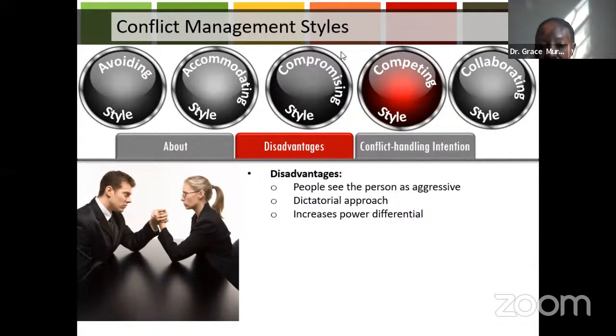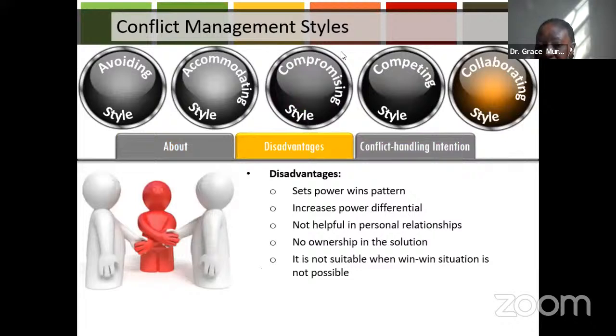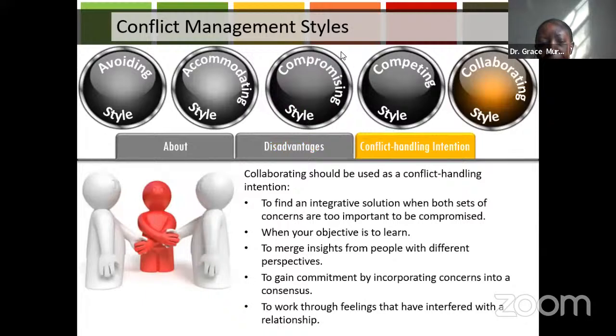But as good as it sounds, it also has its own disadvantages, particularly because it is a very time consuming process.